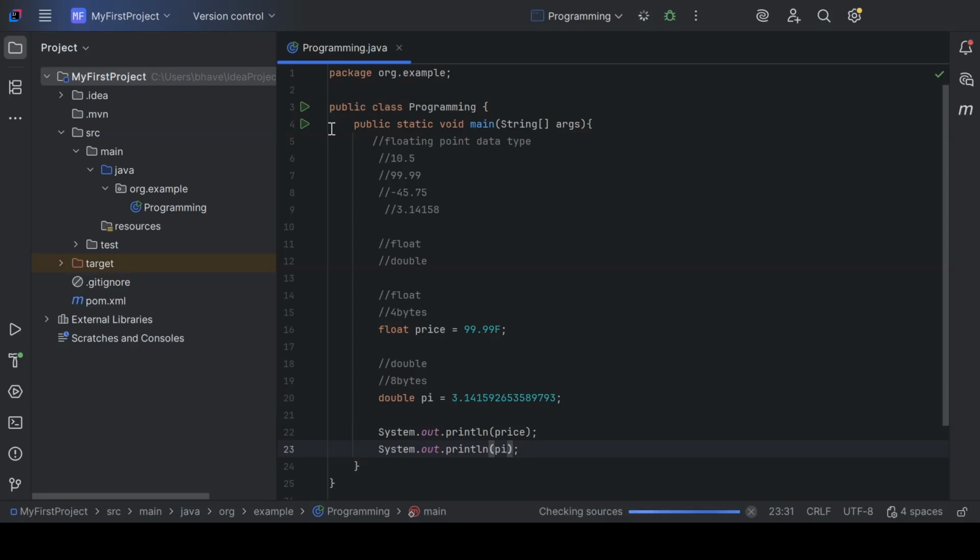So notice that the float values use the f suffix while the double value does not require any suffix. So build is taking time.